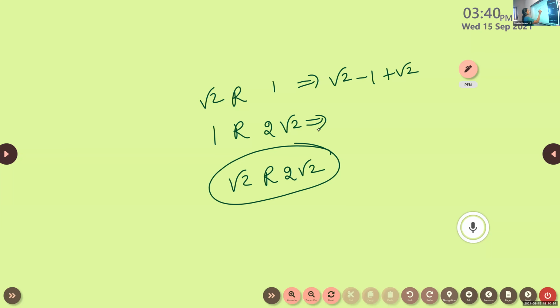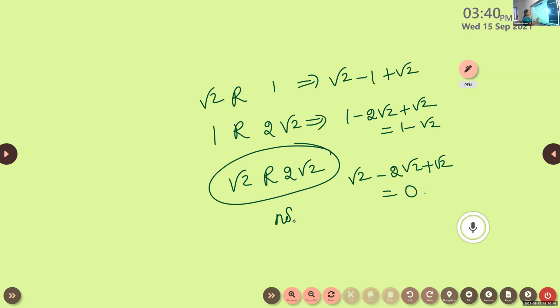Now take the next case: 1 minus 2 root 2 plus root 2, we get 1 minus root 2, which is irrational. If you take the next case, root 2 minus 2 root 2 plus root 2, it becomes 0, which is rational. Therefore, it is not transitive. So it is reflexive, but not symmetric and not transitive.